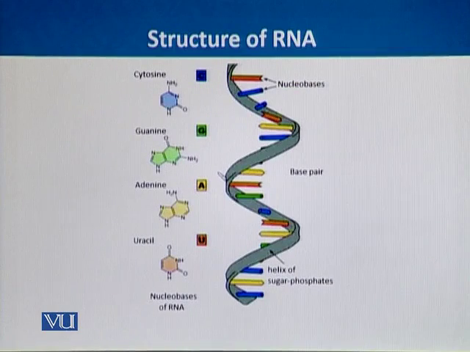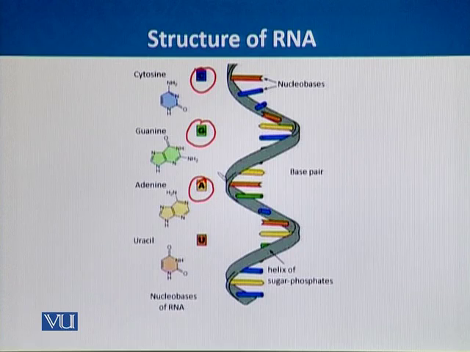Here we can see that RNA is a single-stranded molecule; although it is polymeric, it is single-stranded. Just like DNA, it is constituted of 4 nucleotides: cytosine, guanine, adenine. But we remember that in DNA we have thymine, but in RNA thymine is replaced with uracil.